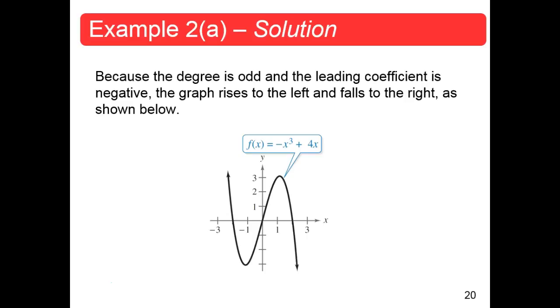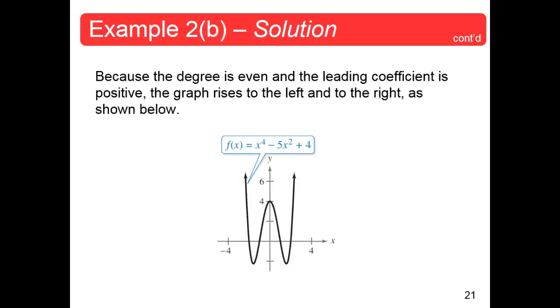And they drew through the whole graph. We really weren't interested in what the rest of the graph looks like. What we're interested in is the end behavior. And that's what we got. Okay? The second one, what can you tell me about it? Leading coefficient is positive, and it's not just positive, it's always positive.